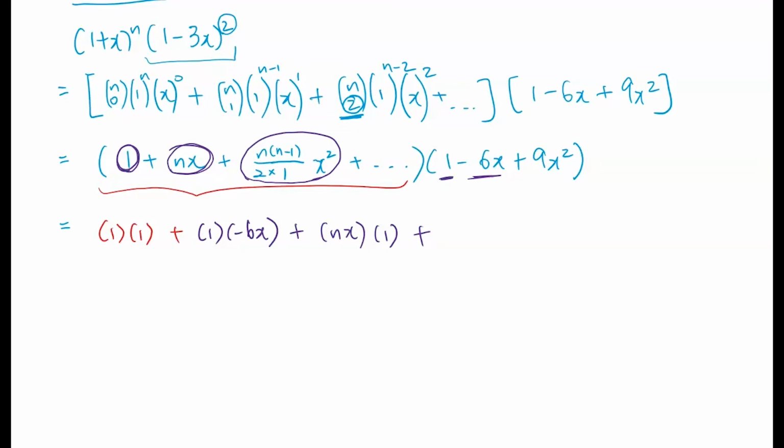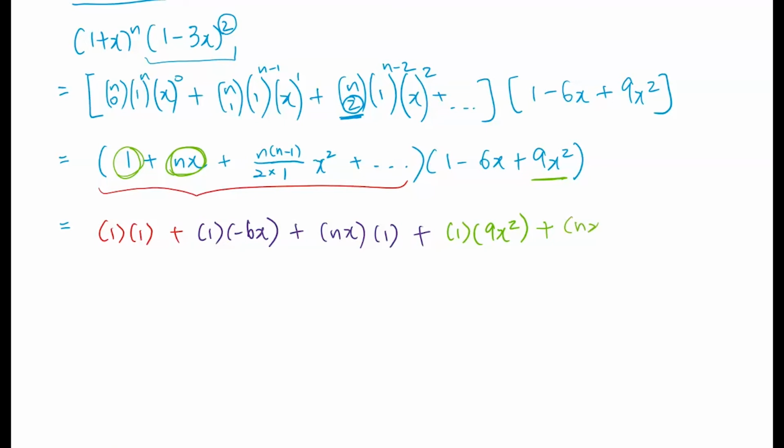Finally, I need to look at my x squared term. So again, I look at the first term, which is 1, and I try to pair 1 with something in the second bracket to give me x squared, and that will be with 9x squared. So 1 times 9x squared. Then plus the next one, I look at my nx term and I try to pair with something in the next bracket, which will be with negative 6x to get my x squared.